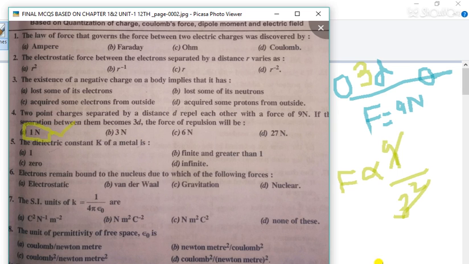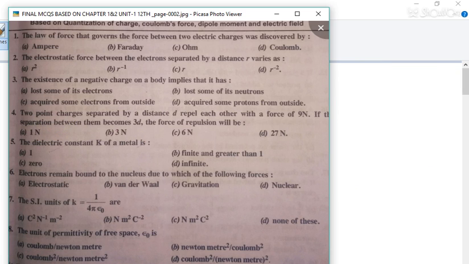Now moving ahead, the dielectric constant K for metals is, students, this is a very important question. As we know, dielectric is a different thing. We have to discuss what we mean by ER.